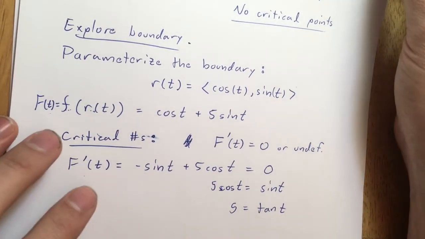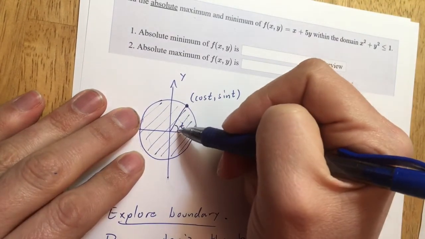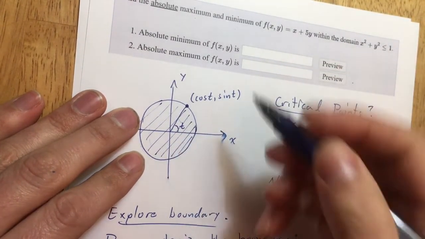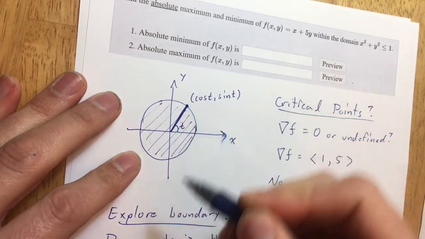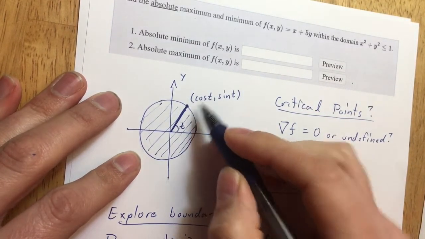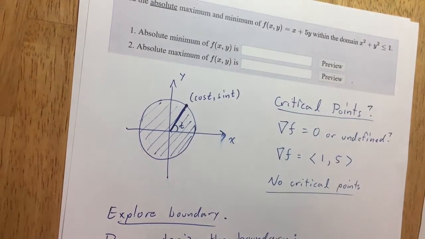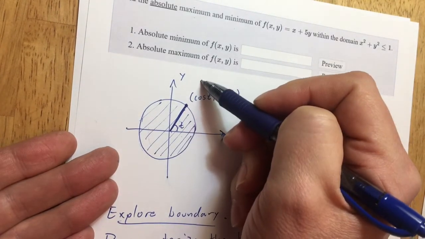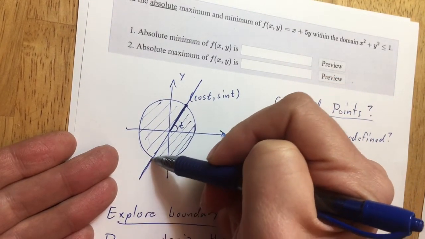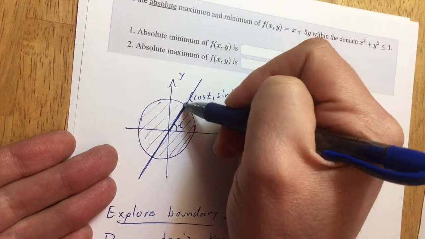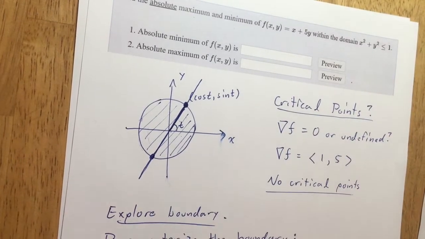Now, we're dealing with a circle, and t represents the angle. Tangent represents the slope of this line. It's sine over cosine, rise over run. But if I'm saying the slope of this line is some particular number, in this case 5, look at this line. It intersects the circle not at 1 point, but at 2 points. So keep that in mind.